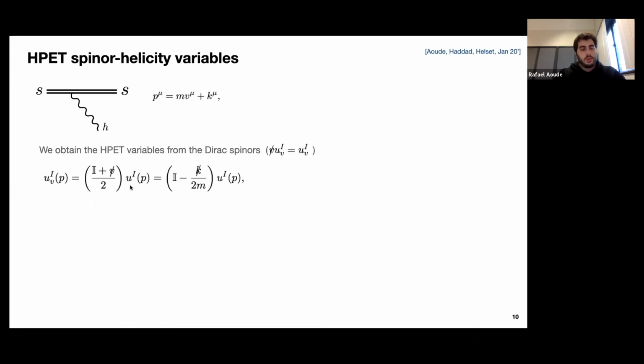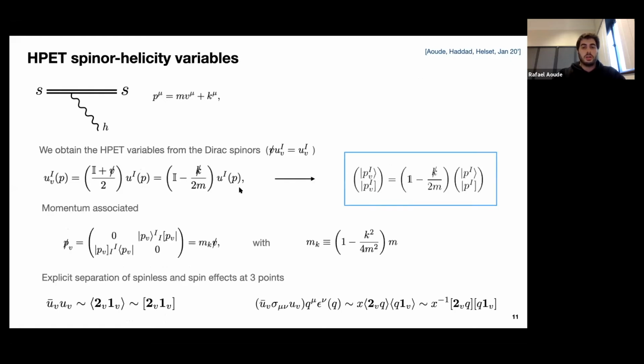If we input the lambda and lambda tilde here in the Dirac spinors, and we call them lambda and lambda tilde with a heavy label, which are the HPET spinor-helicity variables, you obtain a relation between these two variables.